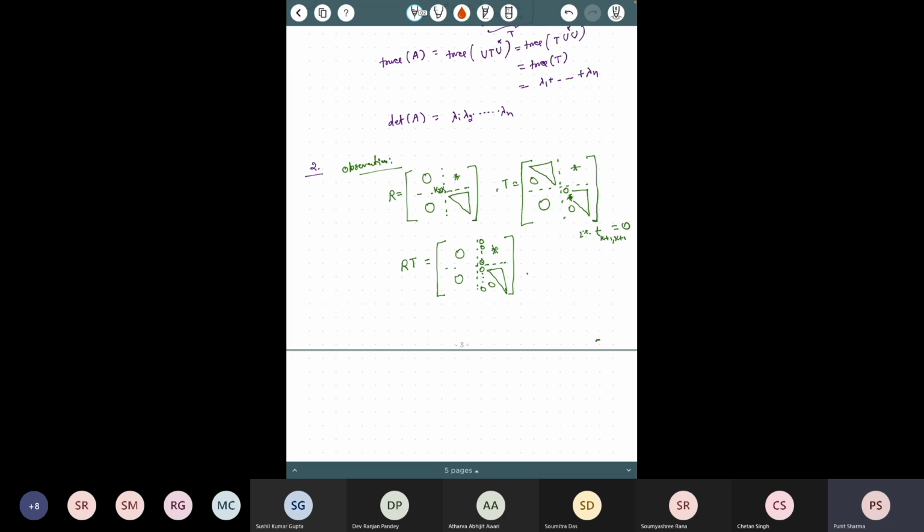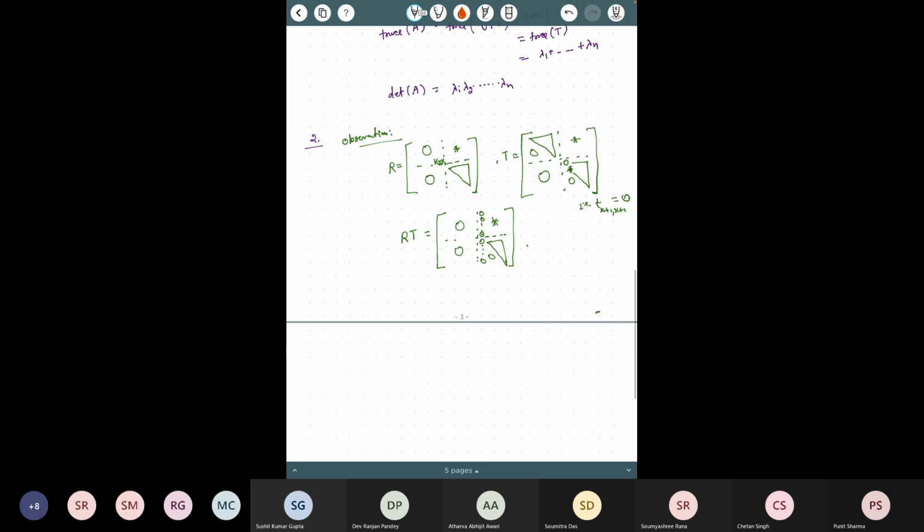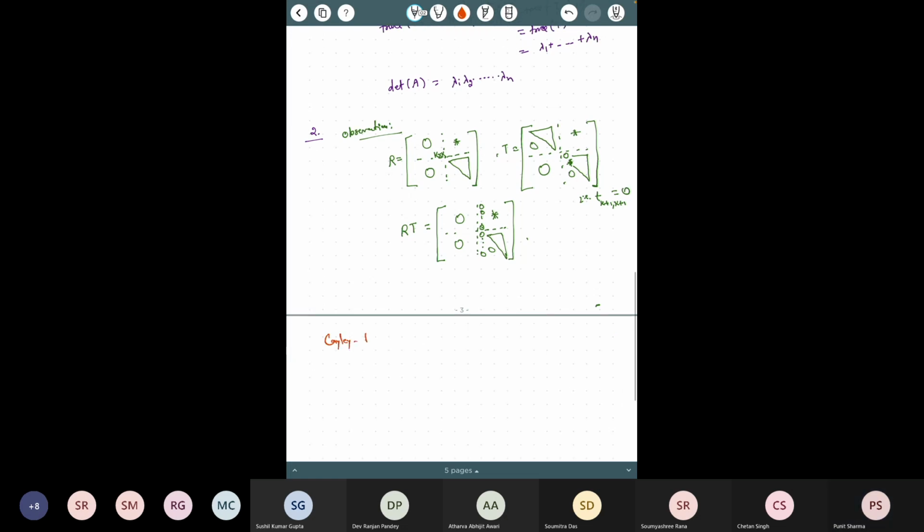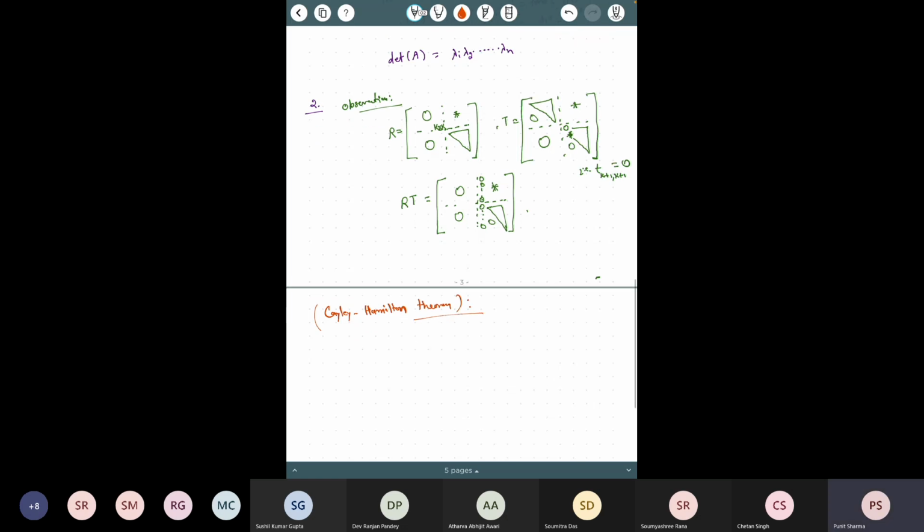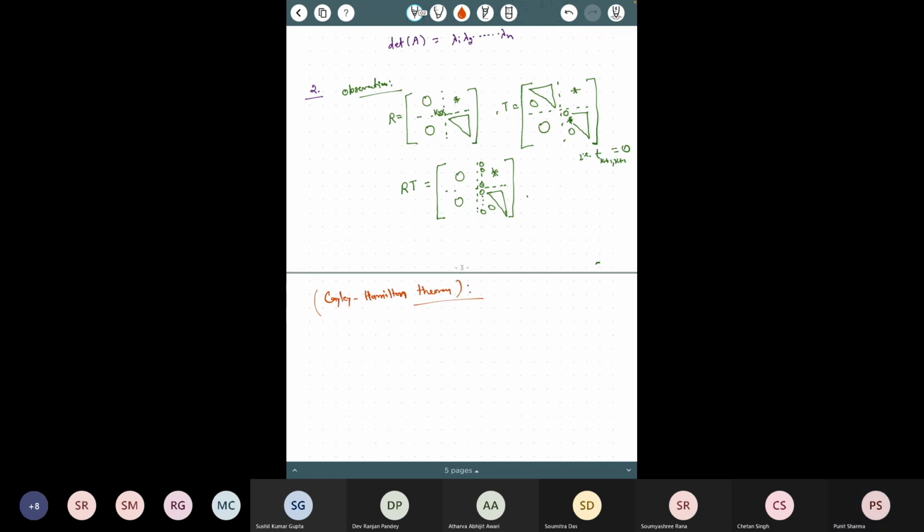So let us look at what Cayley-Hamilton is. Have you heard about this theorem before? Do you know what it is? Can you state the Cayley-Hamilton theorem? Just tell me what you know.